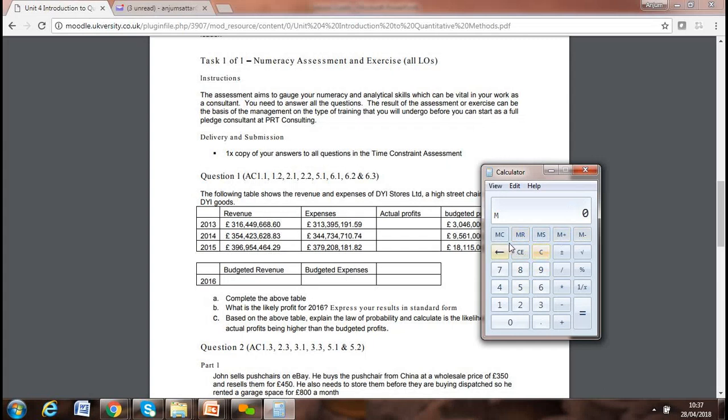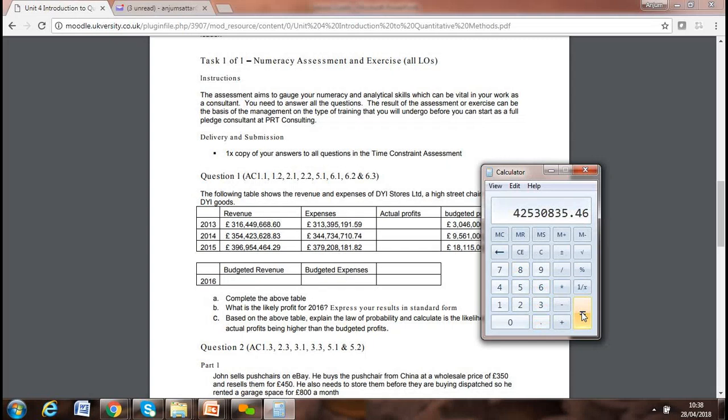We'll calculate it first. 3,954,464.29, and the previous year figure was 3,543,628.83. So that's the change between two years.